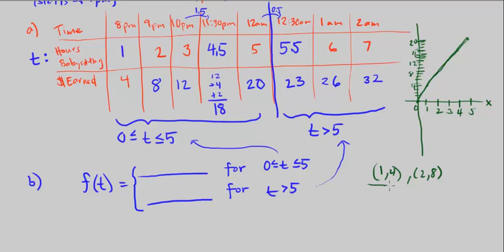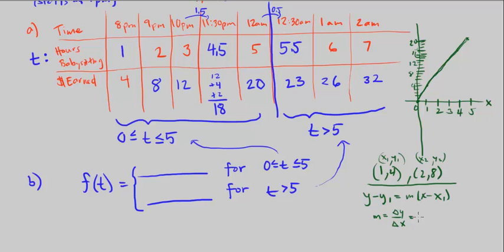So I could use these 2 points to get the equation of a line using y minus y1 equals m times x minus x1. That's just our point-slope form. First I need to know m, which is the change in y over the change in x. I could call these x1, y1, and x2, y2. It doesn't matter which 2 points you choose, you're going to get the same answer.